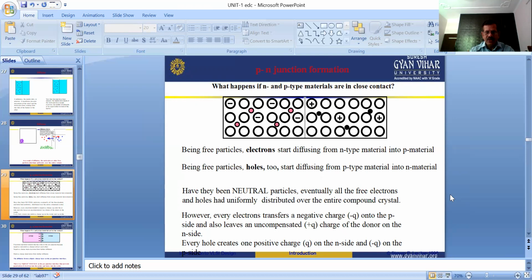However, every electron transfers a negative charge, minus Q, onto the P side, meaning the P-type semiconductor, and also leaves the uncompensated plus Q charge of the donor on the N side, meaning the N-type semiconductor side.